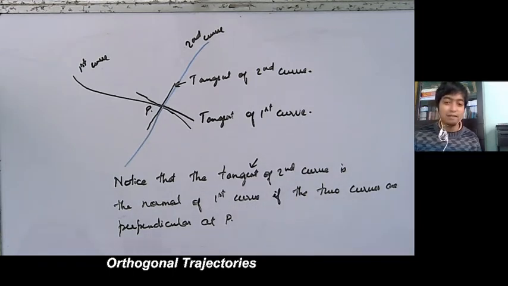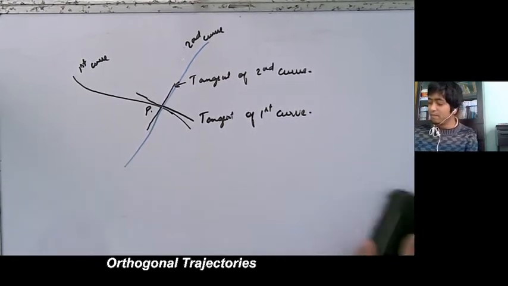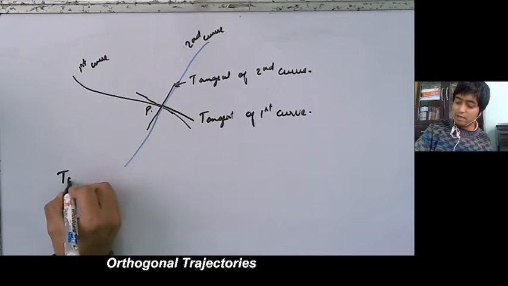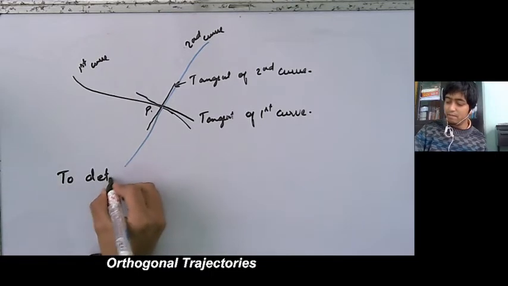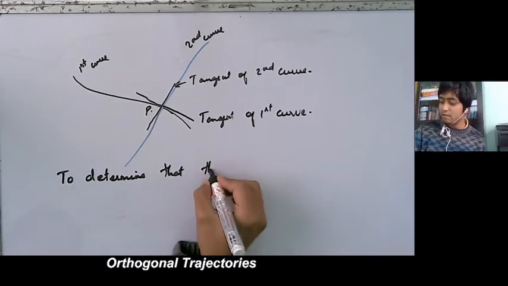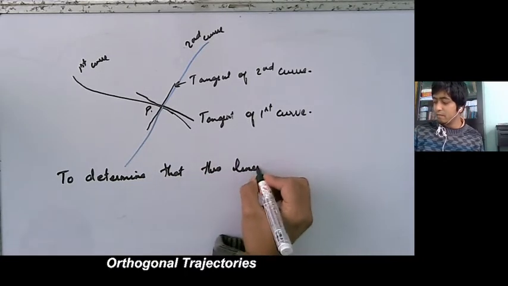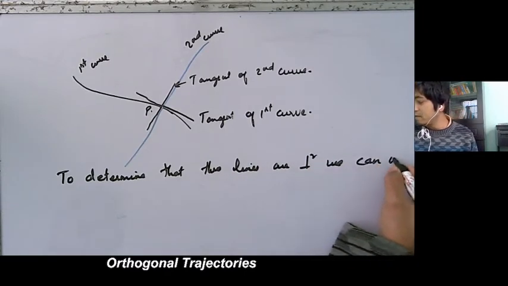So how exactly do you determine that two lines are perpendicular? That is when we use the slopes. Another point that we should note over here is that to determine that two lines are perpendicular, we can use the slopes.